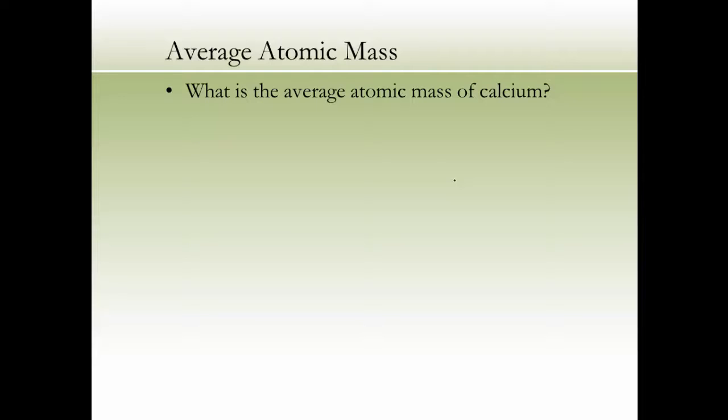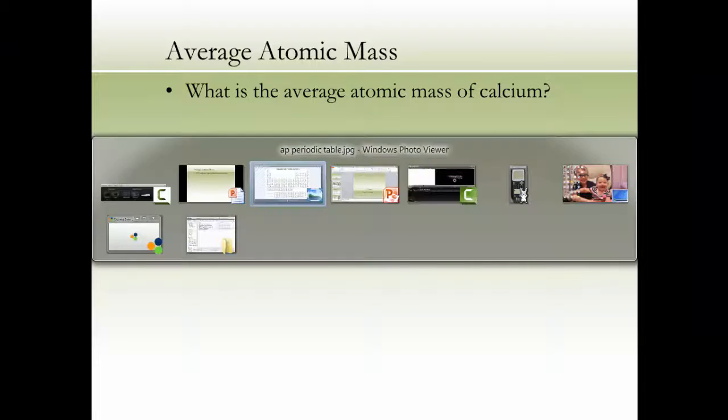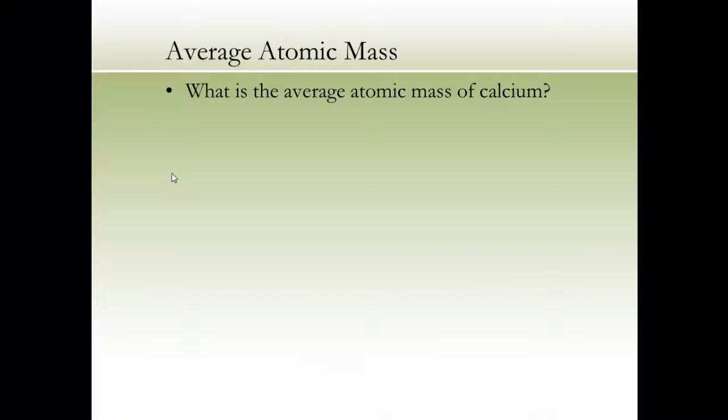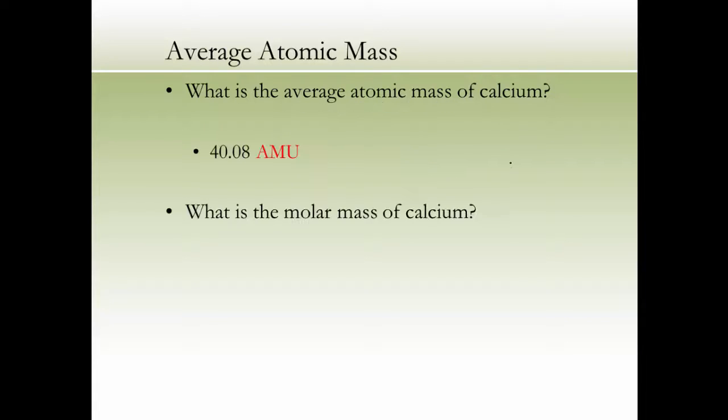Next, calcium. We want to know the average atomic mass of calcium. So we go to the periodic table, we find it, it's 40.08. But notice what this question's asking. This one is actually, we've switched gears. This said average atomic mass. That's just the number from the periodic table, and it's not the molar mass. So that one's actually AMUs. It's kind of tricky here. Okay, it's 40.08 AMUs.